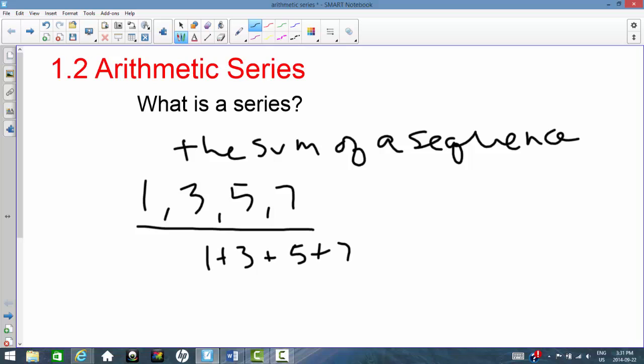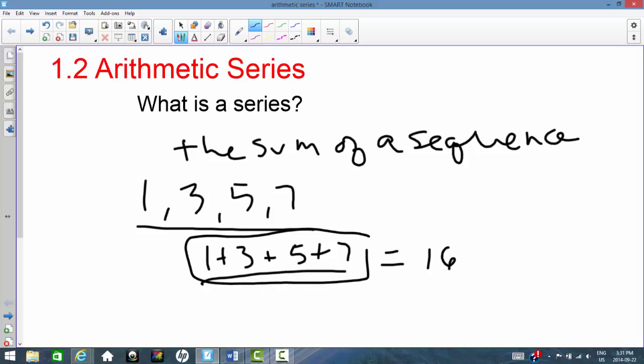If we're actually asked to write down what the series is, this is the way we would write it, just like this with the plus signs. And that is, well, 12 plus 4 is 16. So the series would be this written with the plus signs, and the sum would be that. So that was what you would state.